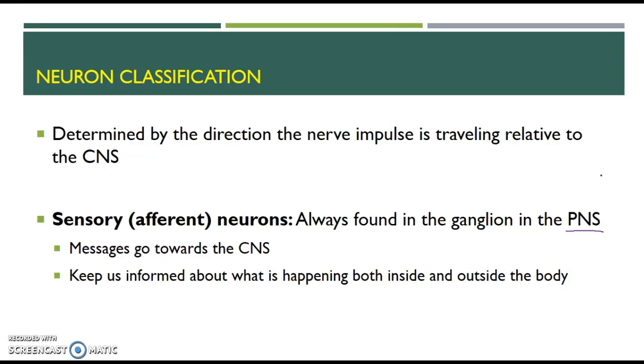That's a touch sensation. So what it's doing is those neurons are sending information towards the central nervous system, towards your brain and spinal cord. And that's just allowing your central nervous system to know what's going on. So as you're even staring at the screen right now and listening to me, you have vision neurons and hearing neurons that are basically interpreting that information and sending it to the central nervous system to be analyzed.